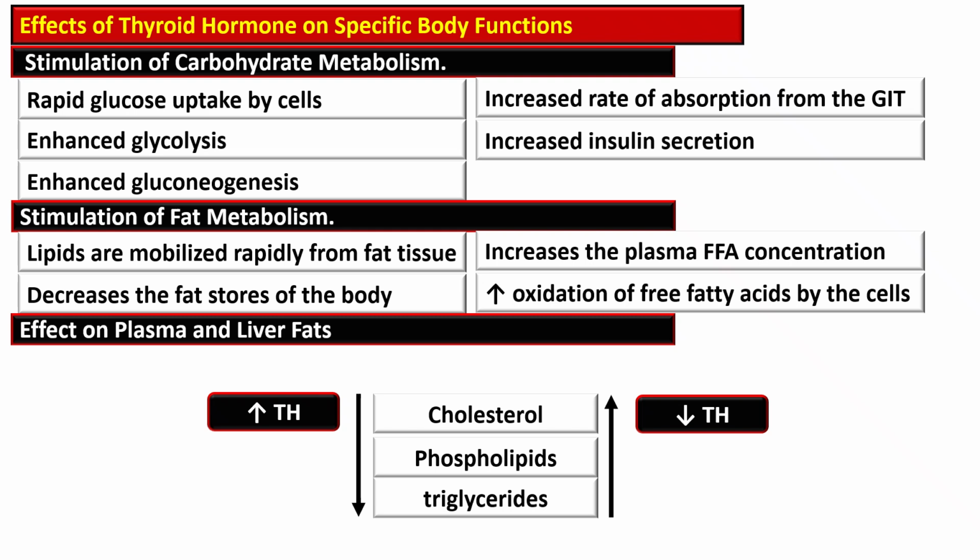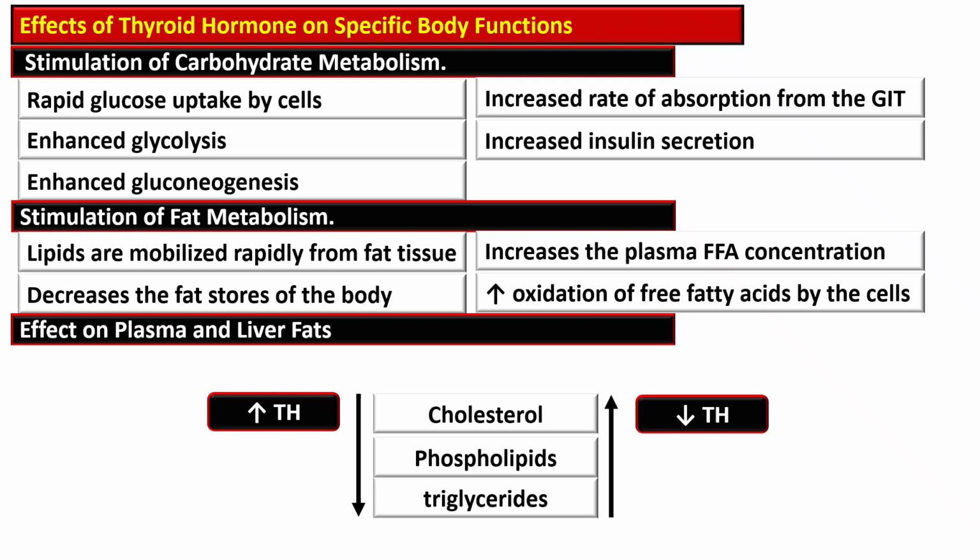So if the thyroid hormone is increased, there is decrease in cholesterol, phospholipid, and triglyceride. But if the thyroid hormone is decreased, there is increase in cholesterol, phospholipid, and triglyceride in the body.